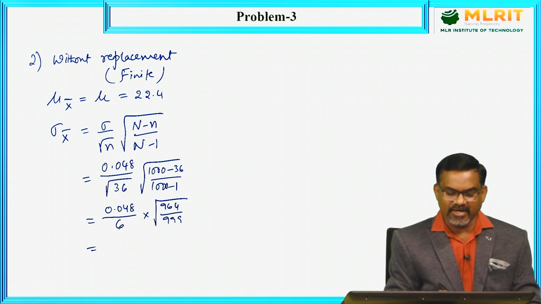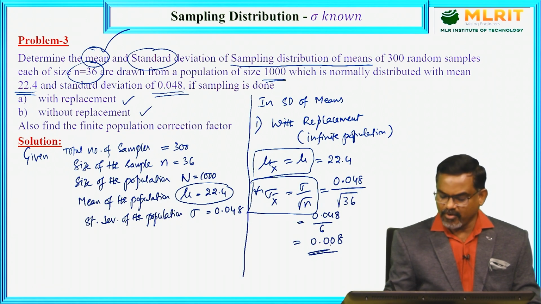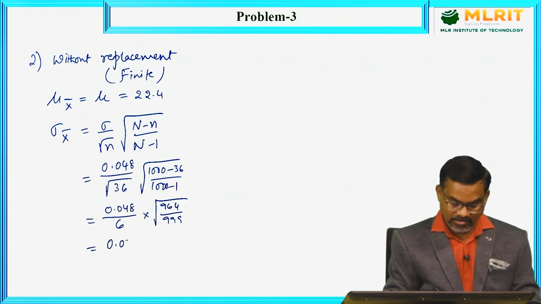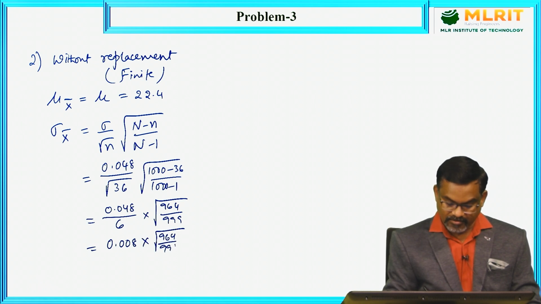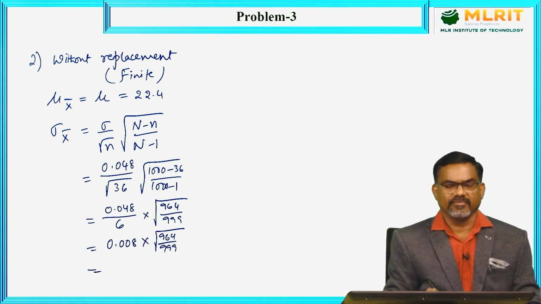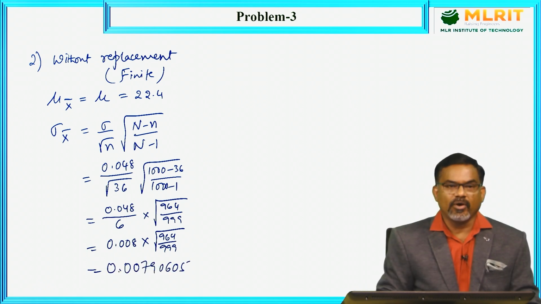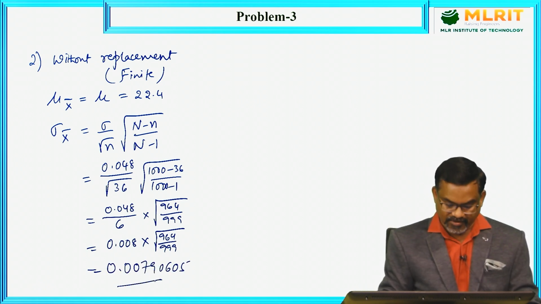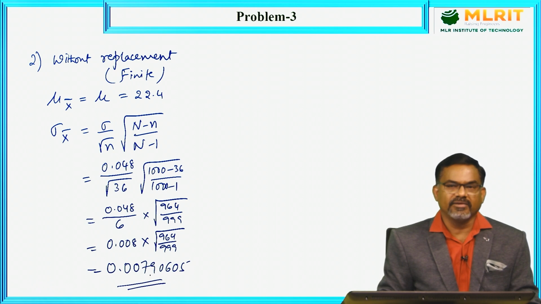In the case of infinite population, it is 0.008. So 0.008 into this value, and using a calculator you can find the final result as 0.00790605. This is the standard deviation of sampling distribution of means when the population is finite or the sampling is done without replacement. So, using these conditions and properties, we can find the required values, mean and standard deviation.